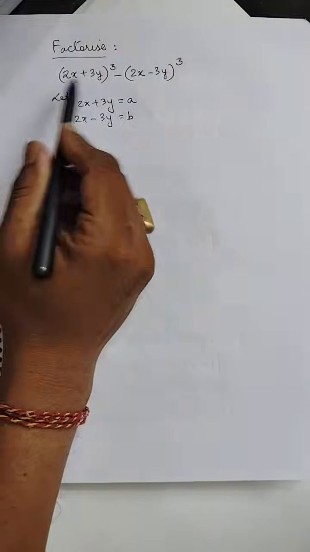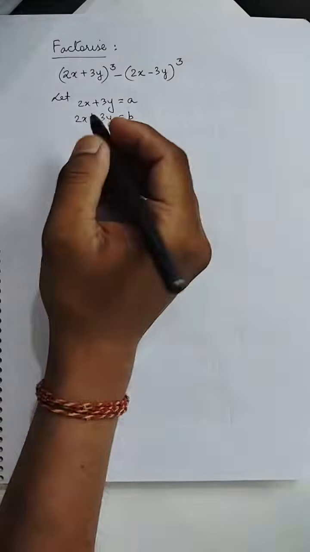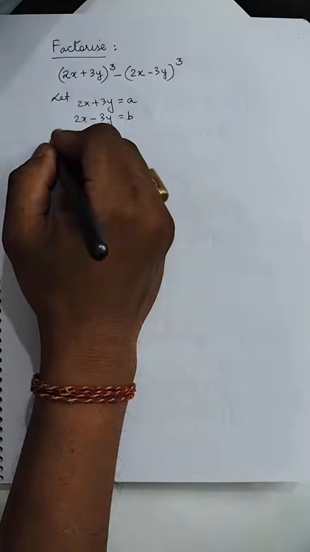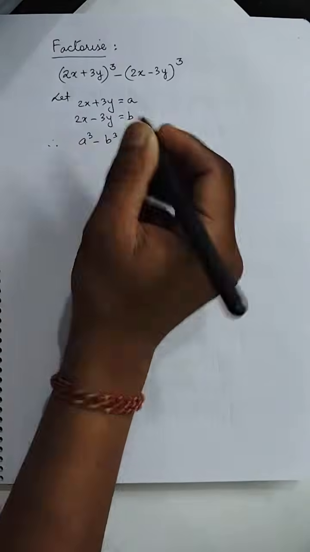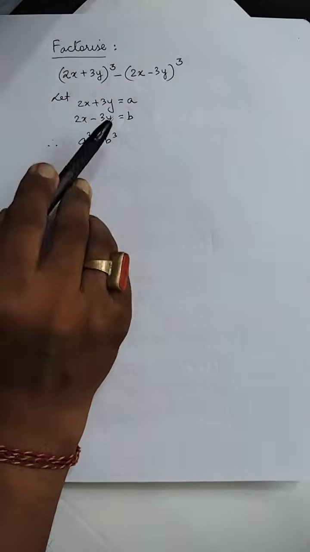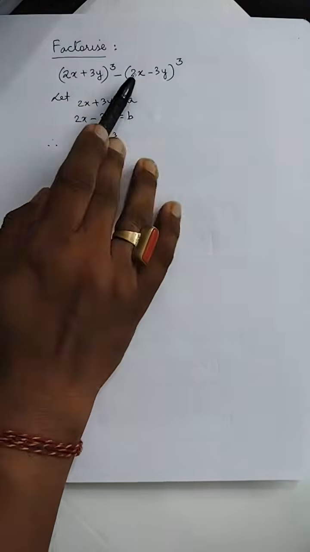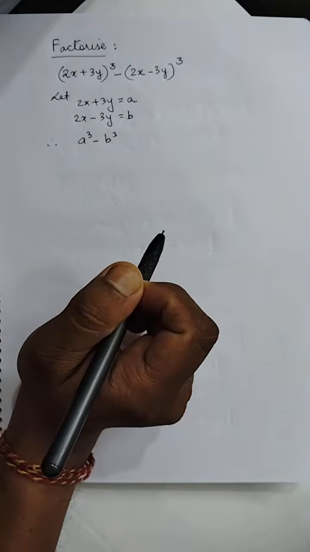Now if we rewrite this expression, it becomes a cube minus b cube. We'll replace 2x plus 3y with a and 2x minus 3y by b.